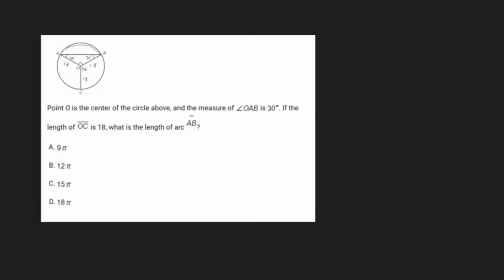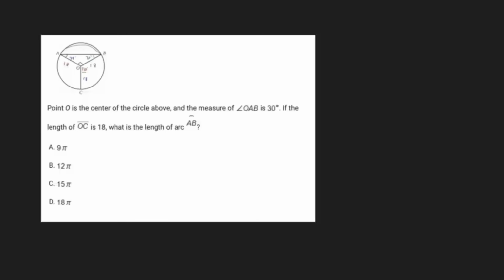Well, here's the thing. We know that AOB, that angle, the 120 degrees right here, is the inscribed angle of the arc of AB. So technically speaking, the measure of the arc is 120 degrees. However, we want to express it based on the circumference of the circle, right?